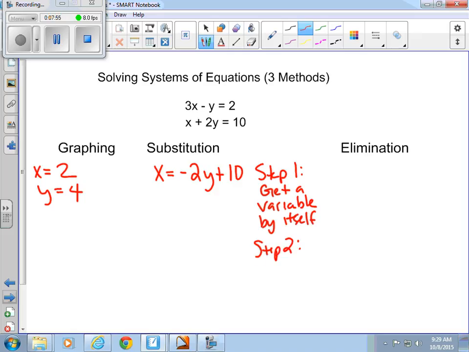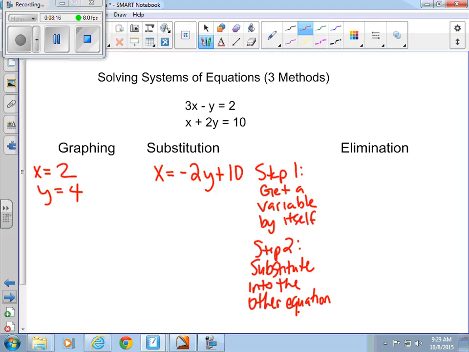Step 2, substitute that variable into the other equation. I'm going to take that variable and I'm going to put it in for x in the other equation.